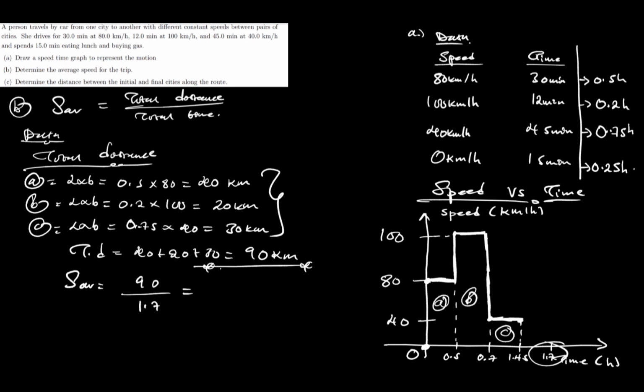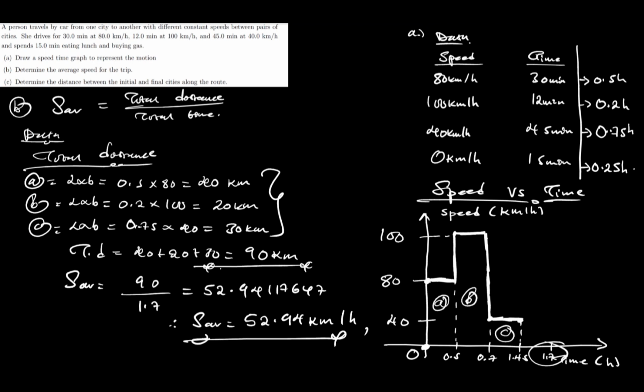If you compute this, you have about 52.94117647. So if I decide to round off, the average speed will give me 52.94. Remember, this will be in kilometers per hour. So basically that will be our speed.